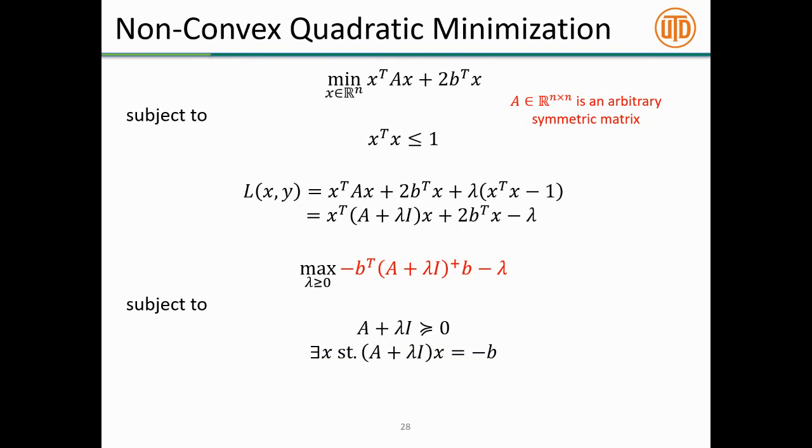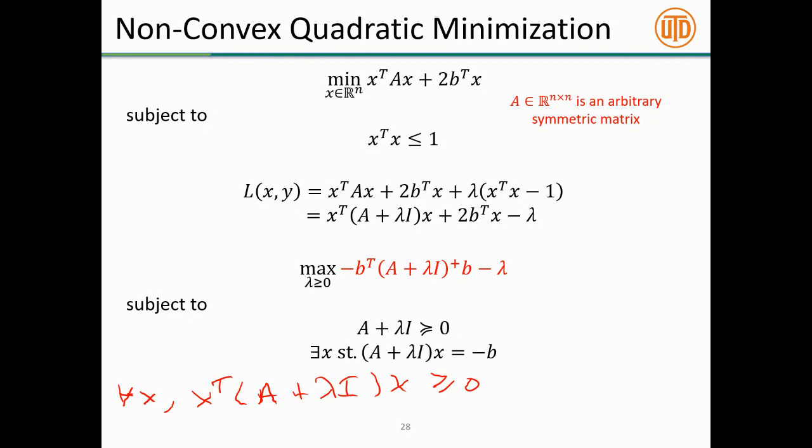Let's check that. Recall that a matrix is positive semi-definite if and only if for all x, x transpose A plus lambda I times x is greater than or equal to 0.